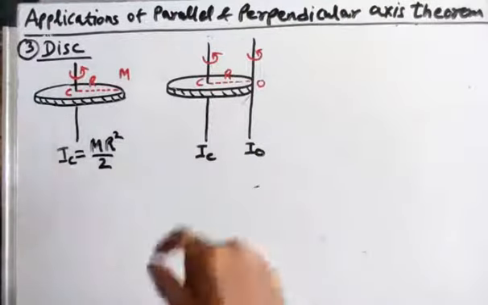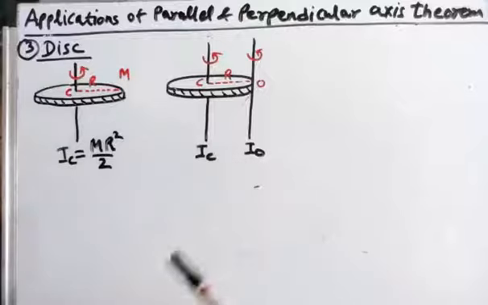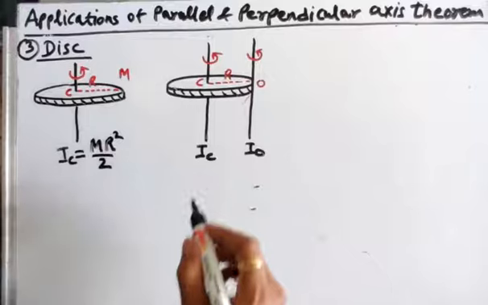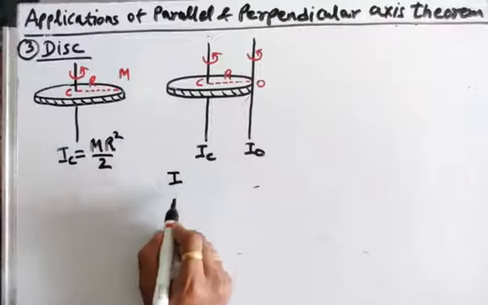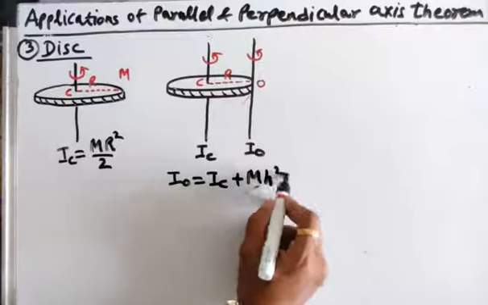So the moment of inertia of this disk about an axis passing through point O is denoted by say IO. Here we can see these two axes are parallel to each other. So by using the principle of parallel axis we can write IO is equal to IC plus MH square.